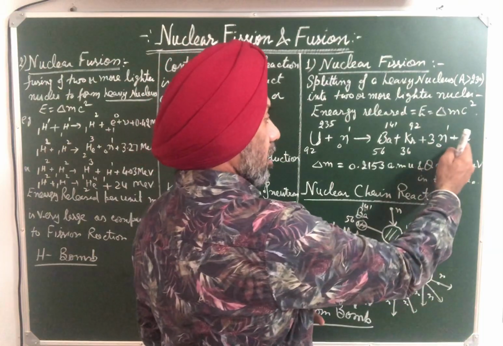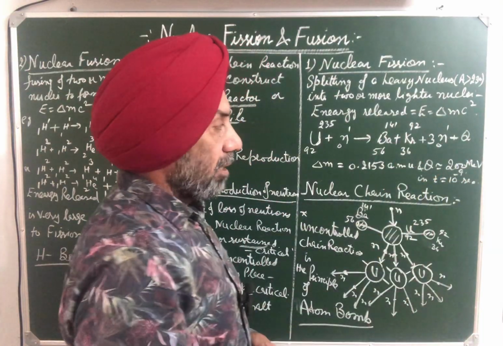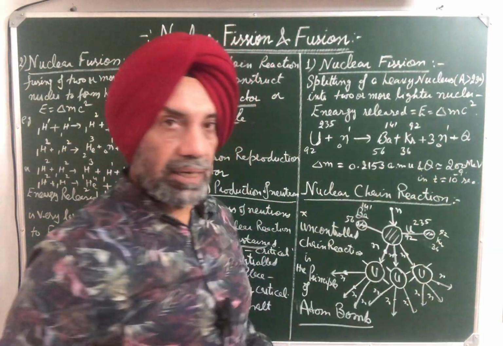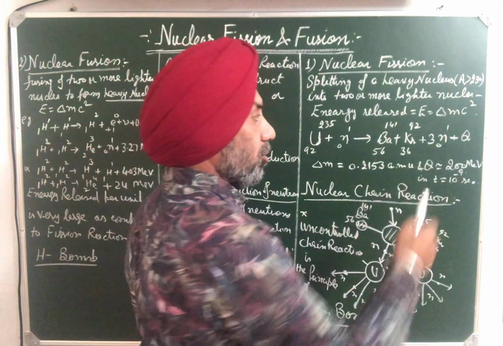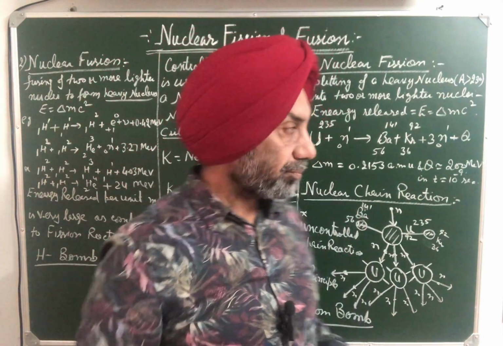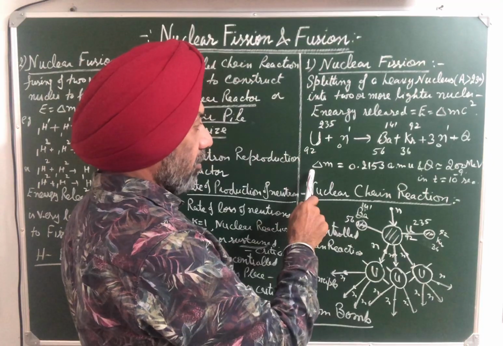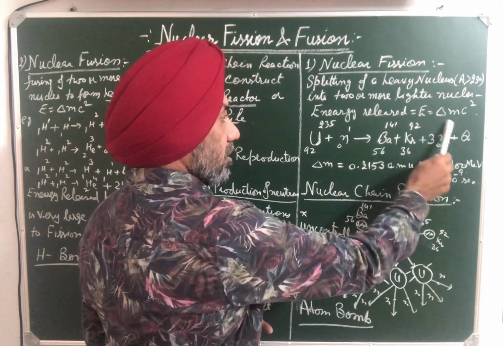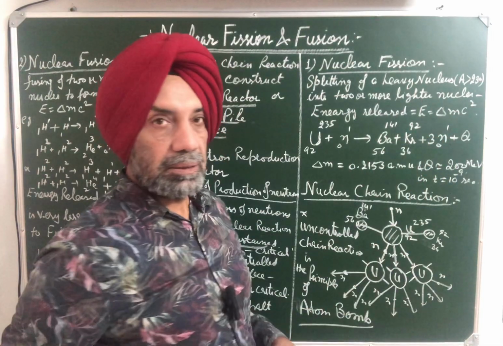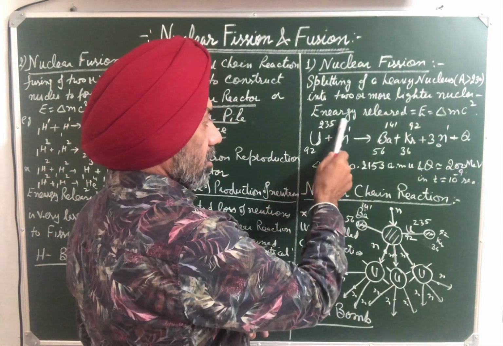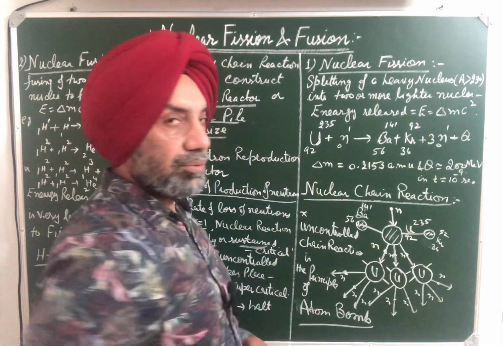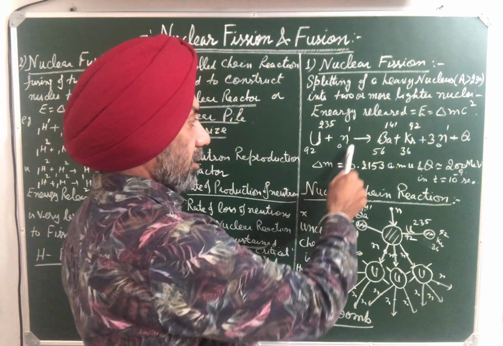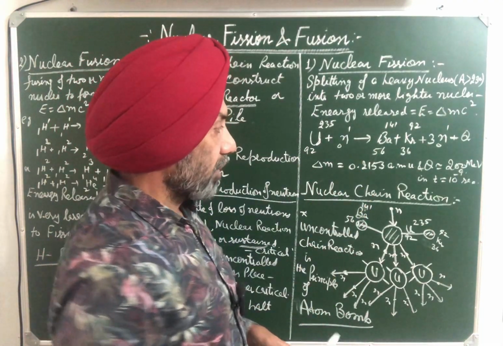This amount of energy is shared by these product nuclei and neutrons, where Δm is the mass of all these product components minus the mass of the reactant components.